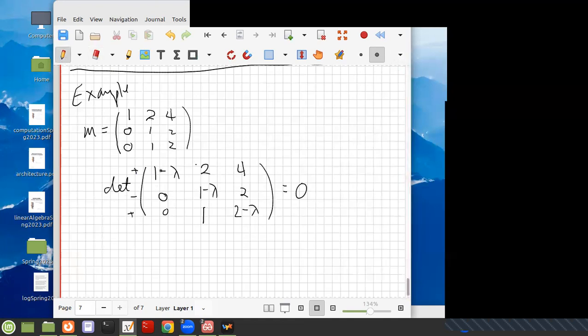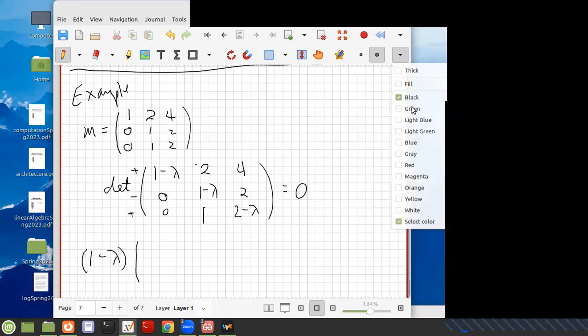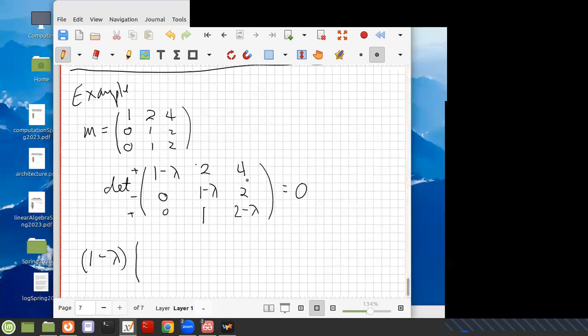And so we're going to write it as 1 minus lambda, this term here, times the determinant of this part here. So I'm going to try to highlight that. This first one here is this little blue one. So this is going to be 1 minus lambda, times 2 minus lambda, minus 2.